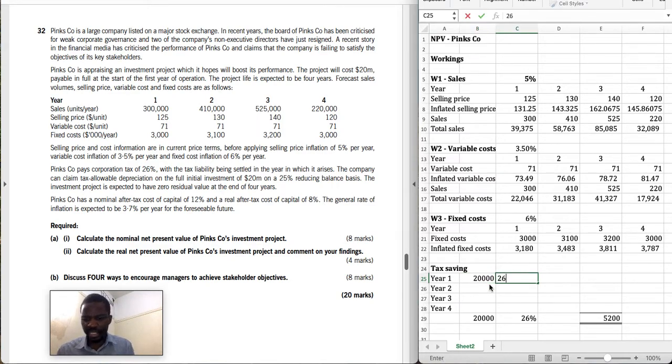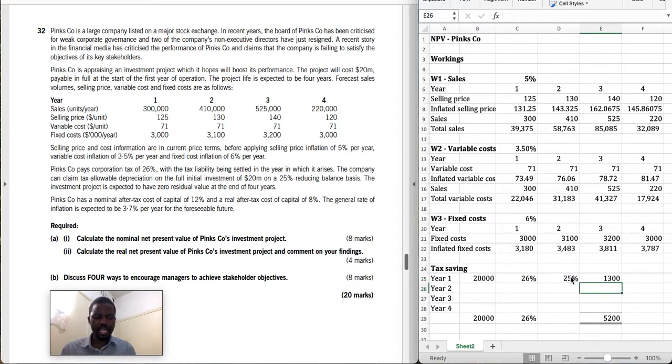Then in year 1 now we'll say 20,000. The tax rate still is 26%. Then we are told that depreciation is 25% reducing balance. So we'll say 25%. Now we'll say 20,000 multiplied by 26% multiplied by 25%.